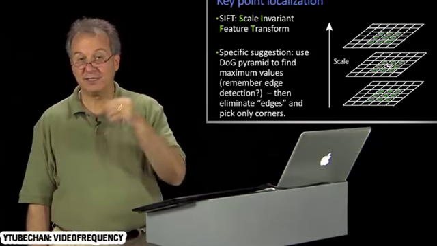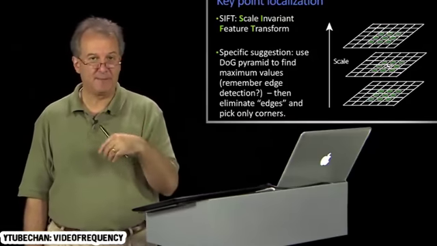So what you have to do is eliminate the edge points. In fact, if you recall, we first introduced Laplacians of Gaussians to find edge points, right? Even though it was a circularly symmetric operator, you were able to find these edges. So from way back, from the Harris, we said, well, edges aren't so good for finding specific locations. We want it to be more like a corner.